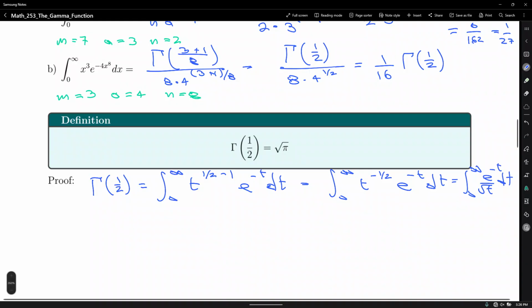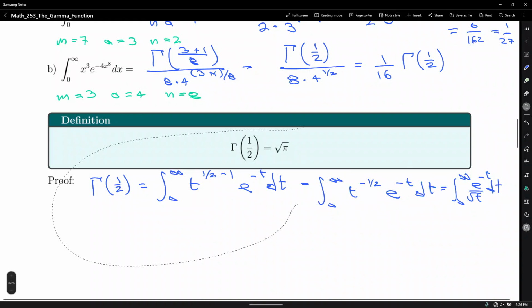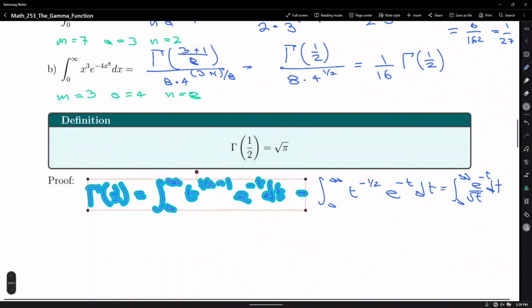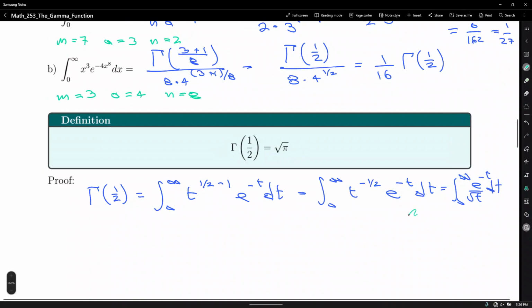How do we evaluate this integral? I'm just going to give you the substitution that actually works here. Let's set t equals u squared. I know that substitution just came out of nowhere, but this is what we will do to make it work.